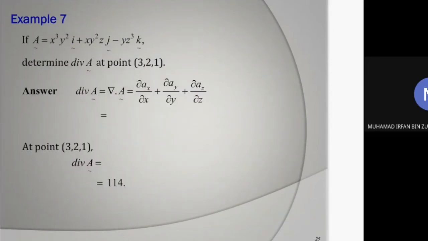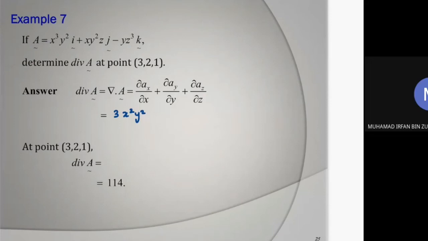Okay, now let's try example 7. If A is equal to x cubed y squared i plus x y squared z j minus y z cubed k, determine divergence A at point (3, 2, 1). Del A_x del x is 3x squared y squared.